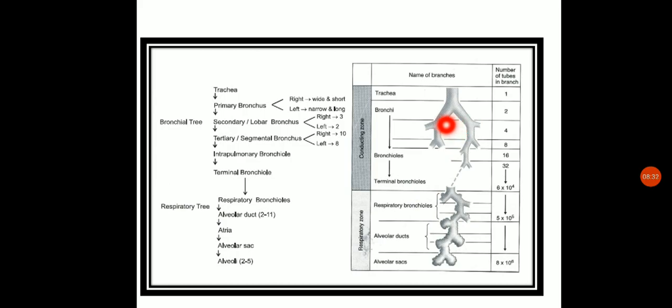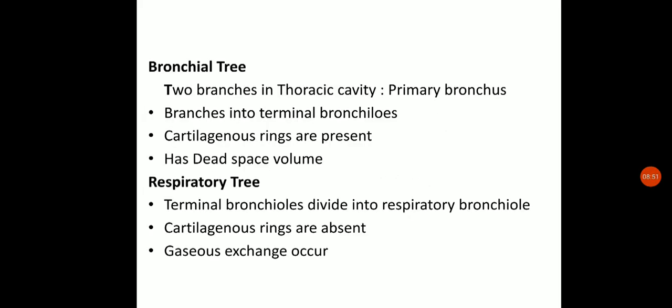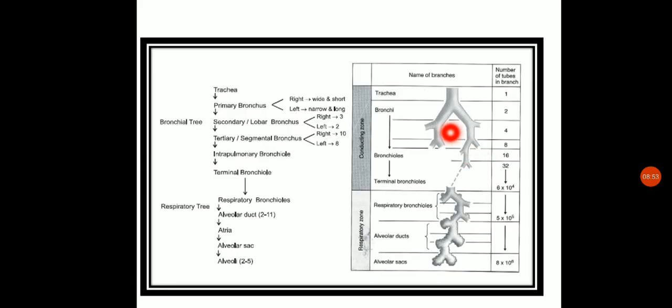So the branches go trachea, bronchi, then bronchiole, and then the terminal bronchiole. This whole set of branches from the trachea to the terminal bronchioles is called the bronchial tree.